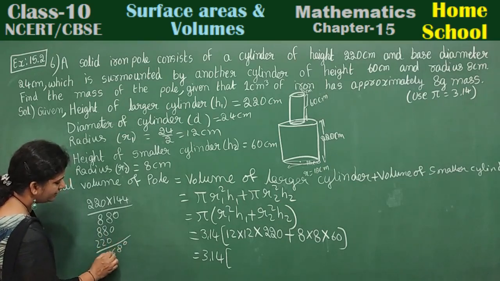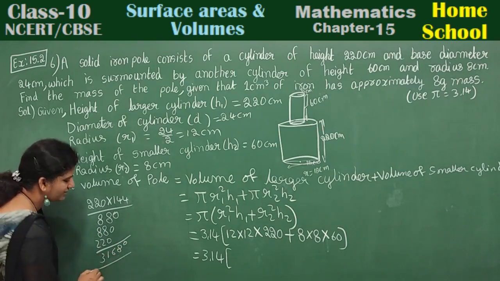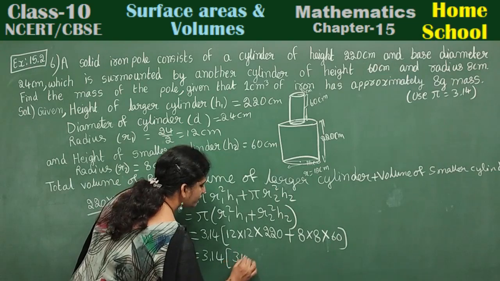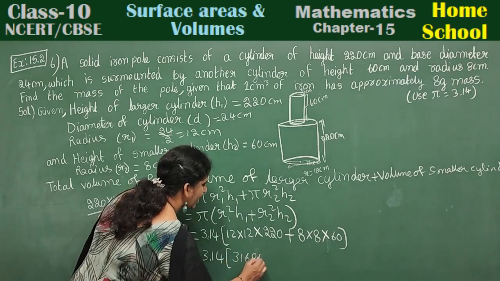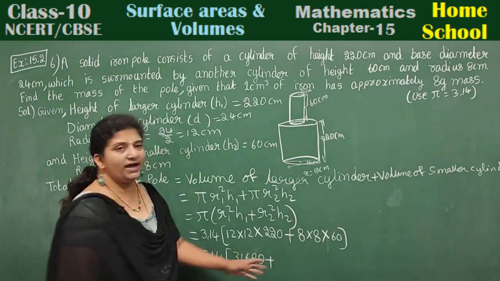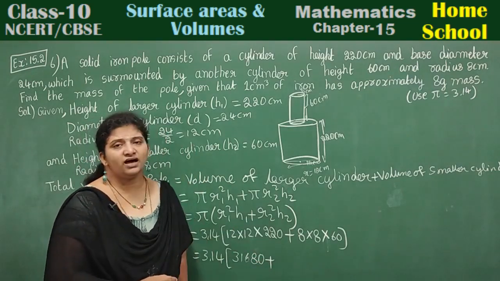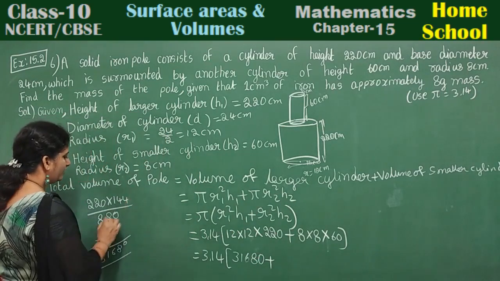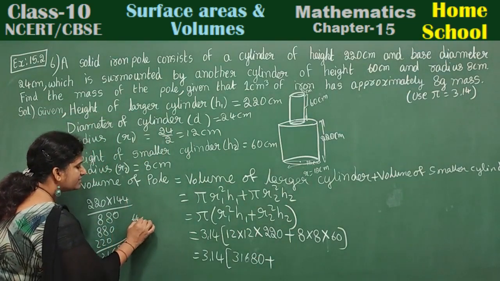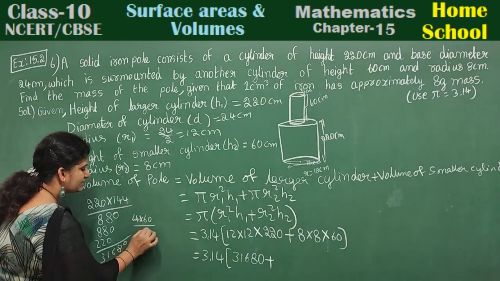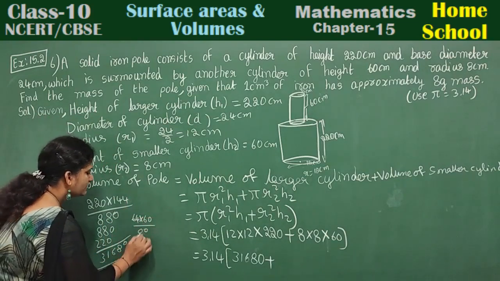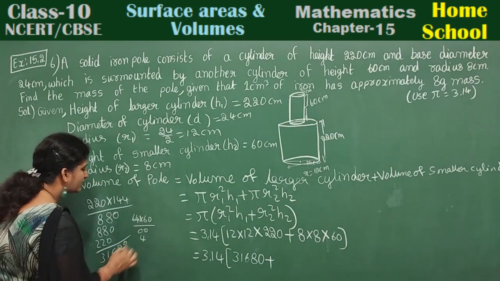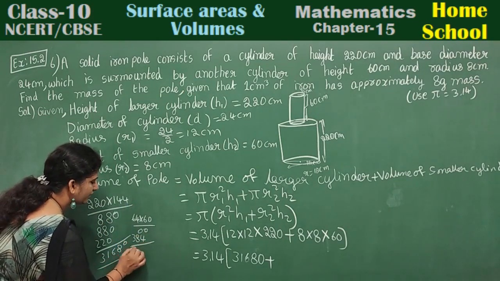If you multiply this, you get 31680, plus 8 8s are 64. 64 60s we need to calculate. Calculate that one also here. 64 into 60. 6 4s are 24, 6 6s are 36, 36 plus 2, 38.